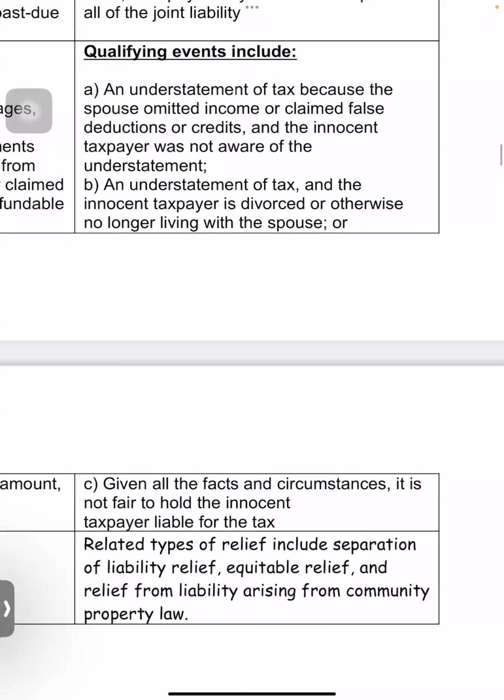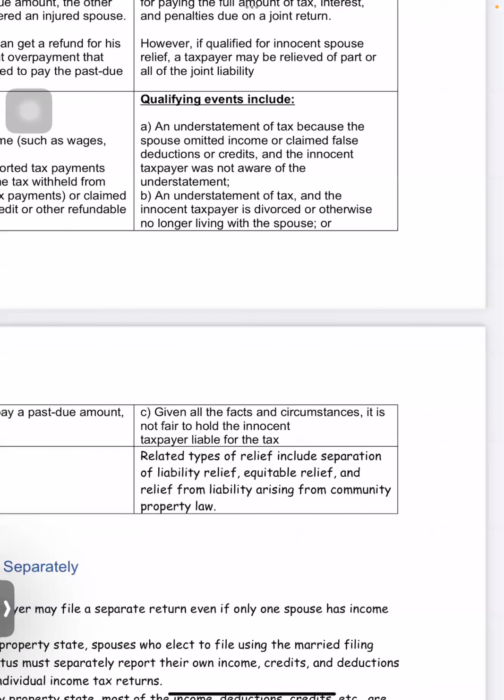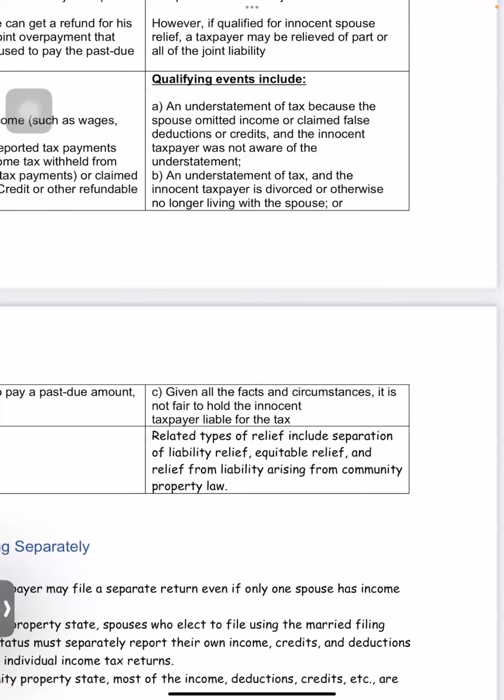Related types of relief include separation of liability. Now in the exam, they can also use this kind of wording for innocent spouse relief. What are those other wordings? Separation of liability relief, equitable relief, relief from liability arising from community property law. When the people are going to get division in the community property, yesterday I explained what is community property.